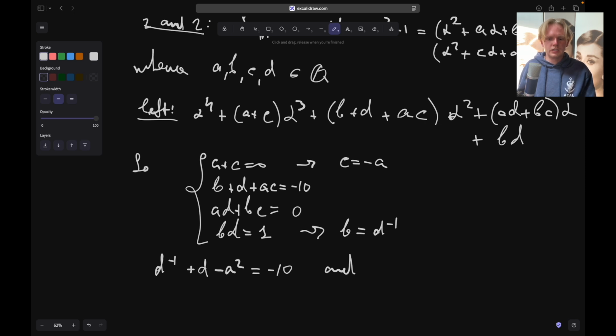And we get a times d. b is d to the minus 1, and c is minus a, so when we pull out the minus, we have a, good, so it's 0.